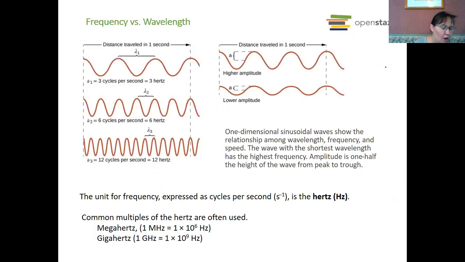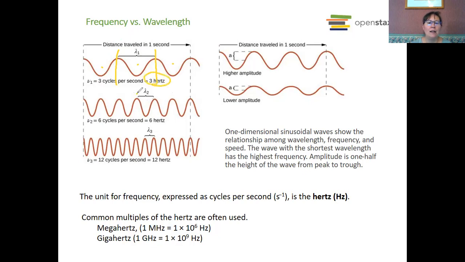Okay, so let's take a look at frequency versus wavelength. First of all, let's look at what we have here on the left, the distance traveled in a second. Let me turn on my annotation screen. This lambda 1 in the first one is our wavelength, and we have 1, 2, 3 cycles per second, or 3 hertz, H-E-R-T-Z.